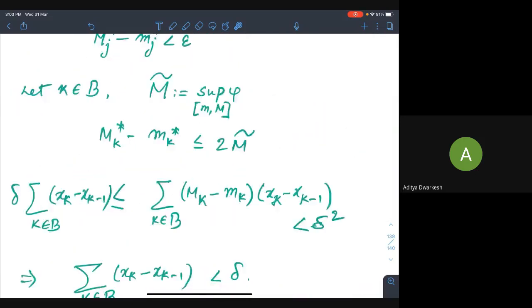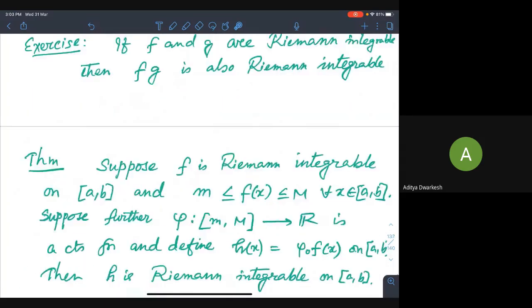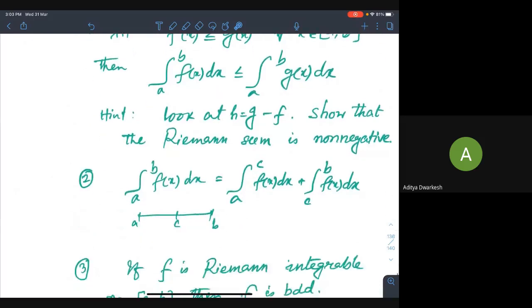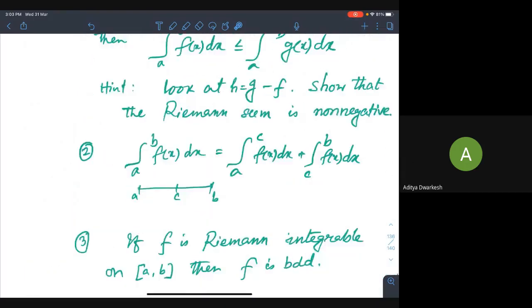So the properties I left out here will be part of the assignment coming next. Okay, I'll just type them up and put them up.